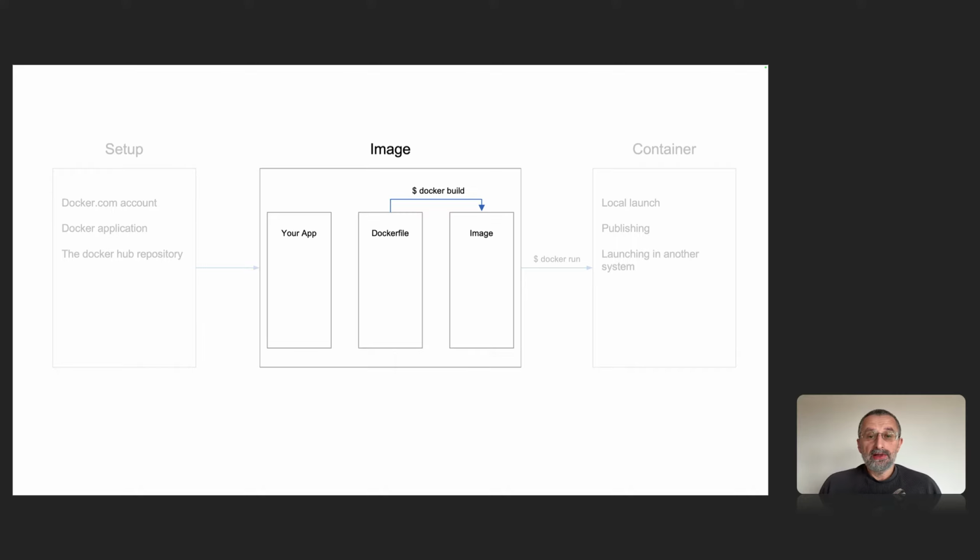Okay, so after the setup, we are ready to go to the second stage, where, having our app and the Dockerfile which configures the way the image is created, we can build the image, which later on will be possible to run on different computers.